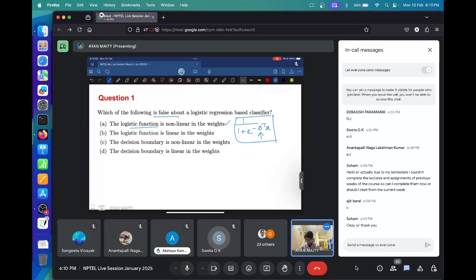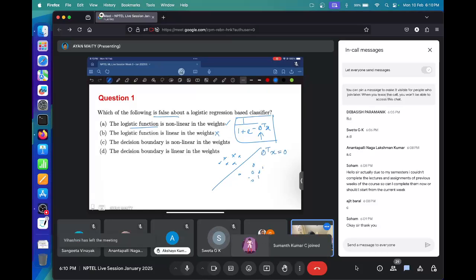The second option, that the logistic function is linear in the weights, is false. The third option says that the decision boundary is non-linear in the weights. In logistic regression, the decision boundary is linear. If these are the two sets of points, the decision boundary goes like this, and it is given by theta transpose x equals 0.